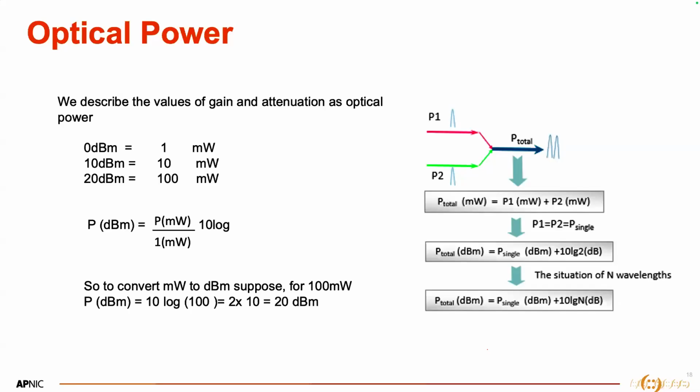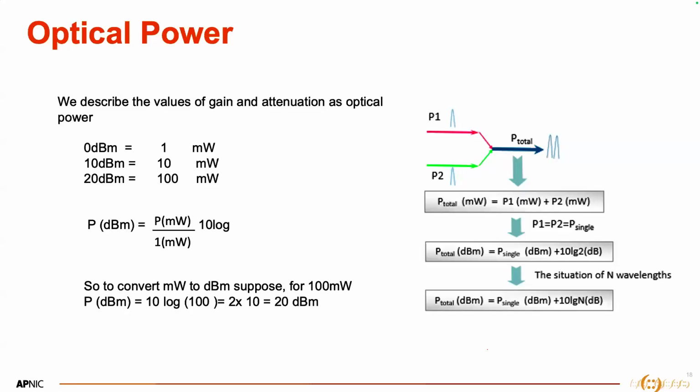The P total dBm will be P single dBm plus 10 log n dB. That means the total power will be the power of a single wavelength plus 10 log the number of wavelengths which are passing through that system.